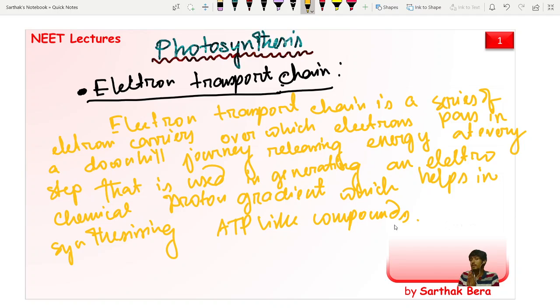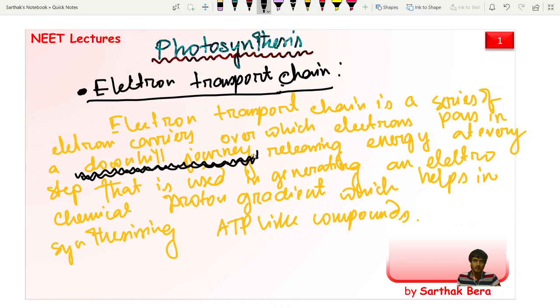Downhill in redox potential level. This statement is very important, that the journey of the electron is a downhill journey. While the electrons are journeying in a downhill fashion, they are continuously releasing energy at every step.